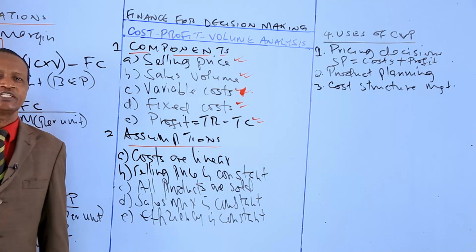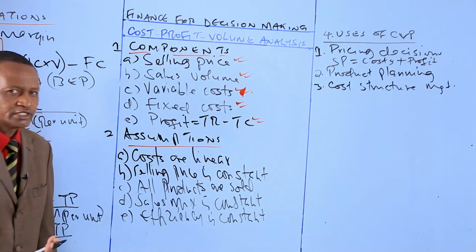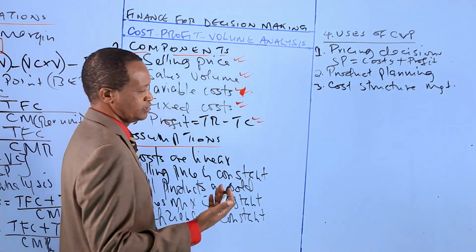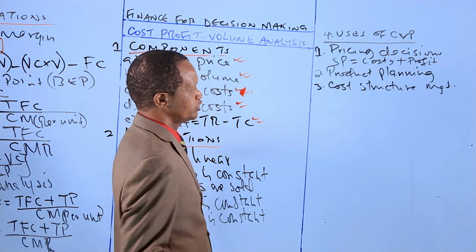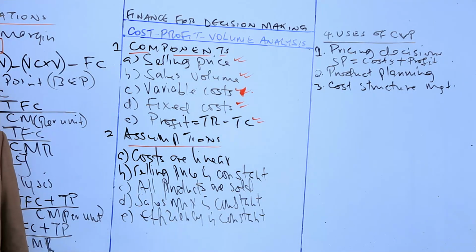That means evaluating the trade-off between fixed costs and variable costs. We can substitute variable costs with automation and so on.